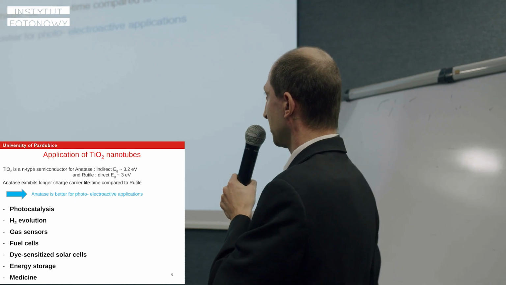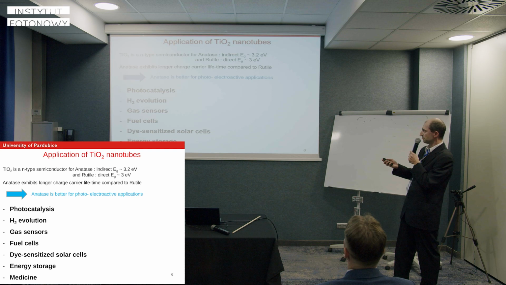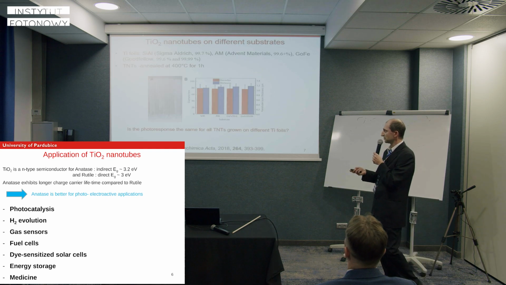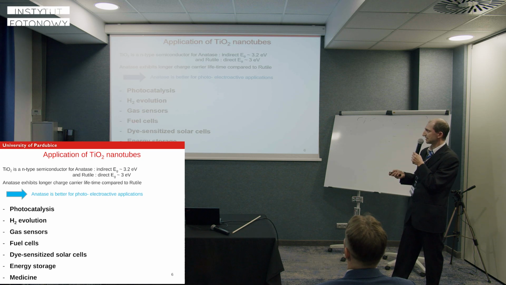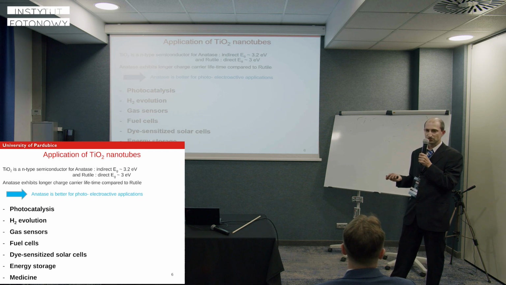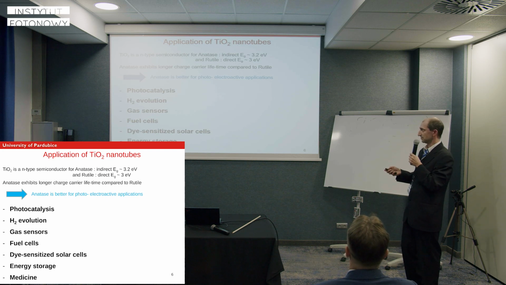So that's the reason why anatase is better to use for photoactive applications. And there are plenty of applications, for example, photocatalysis, hydrogen evolution, gas sensors, fuel cells, dye-sensitized solar cells, energy storage, medicine, but also the food industry for the nanoparticles, or pharmacy, and so on.